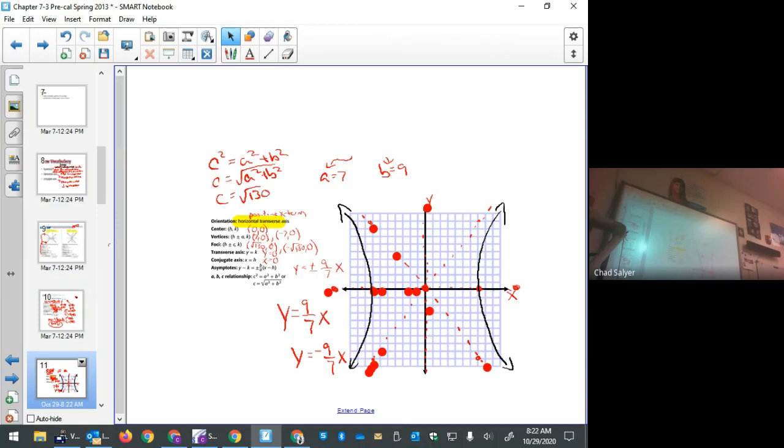Values that don't make sense. Now we're off the graph with the foci, so that can be kind of weird. Because the square root of 121 is 11, so 130 is going to be a little more than 11. So if we're deviating 11 point something from the center, you see how we'll land off of a standard 10 by 10 graph. That's why you have those points outside the graph.